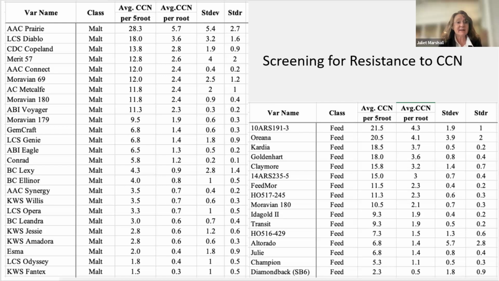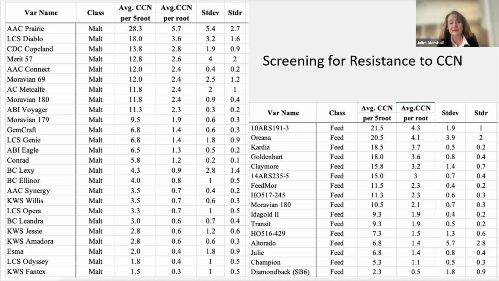ABI Voyager is another example of one that's usually very susceptible to cereal cyst nematode. We know that LCS Odyssey has resistance to cereal cyst nematode, and luckily we do see that in our testing as well. So that's just an example of the multiple varieties that we've been testing.